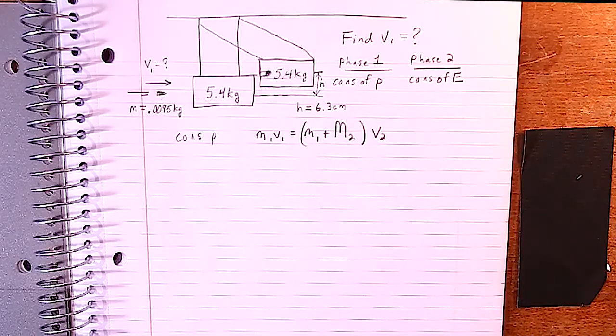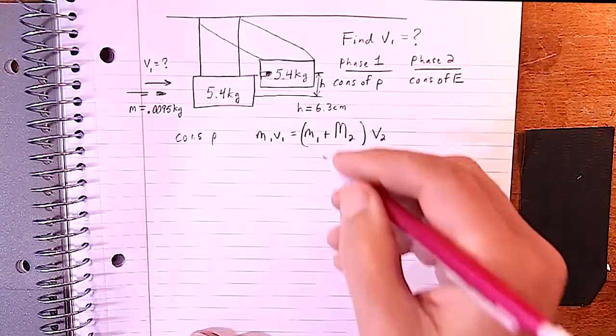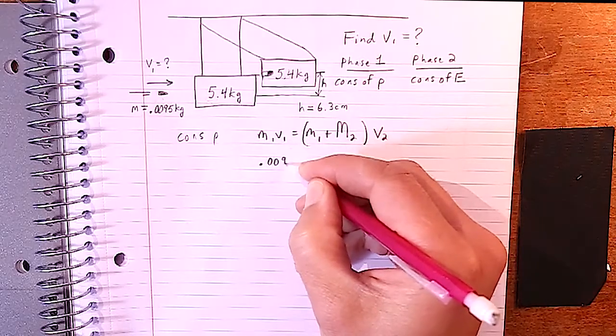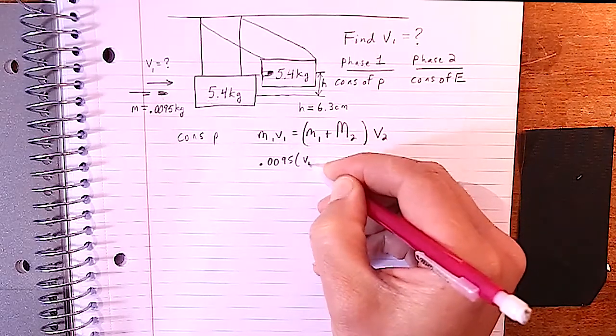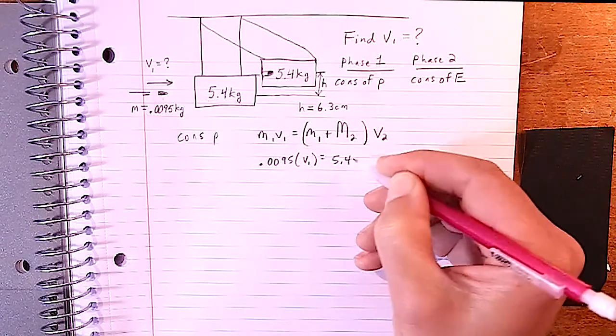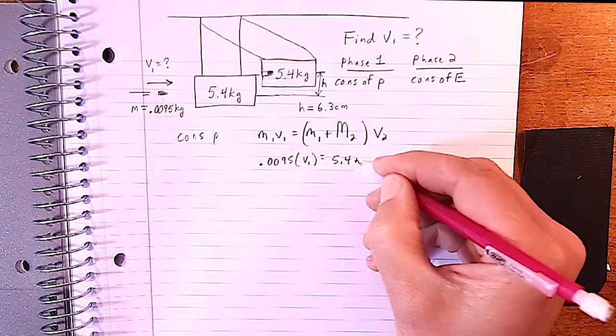And that's going to be the velocity the instant after the collision, but before the rise. Okay, so they gave us the mass, so that's going to be 0.0095 times our initial velocity, v1, equals the mass of the block plus the mass of the bullet.